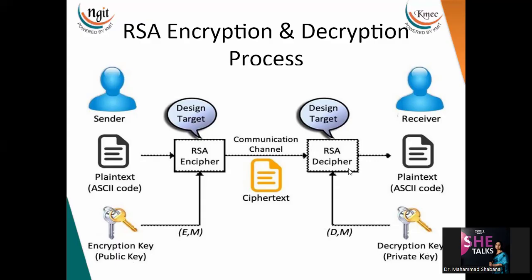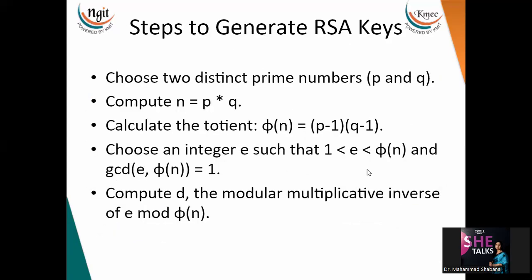The plain text is computed as M is equal to C power D mod N, where C is the ciphertext, D is the private exponent, and N is the same modulus used during encryption. The output plain text, which is in ASCII code, is the original plain text message that the receiver can read.